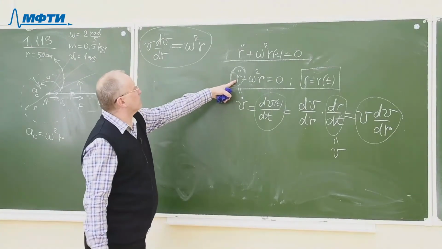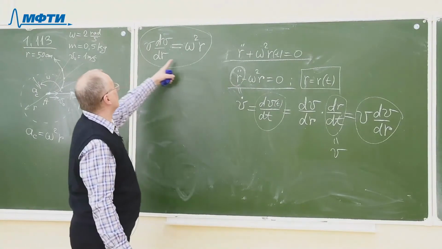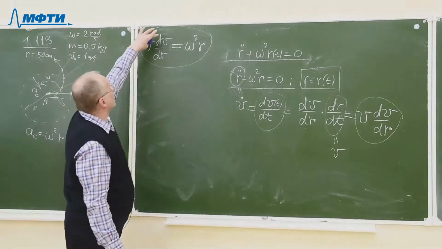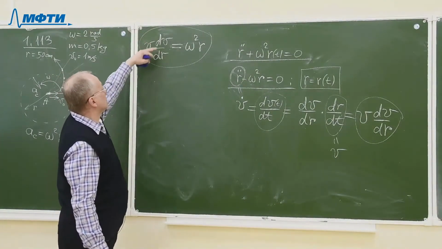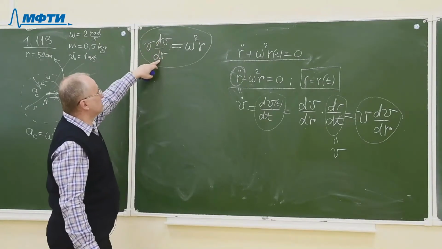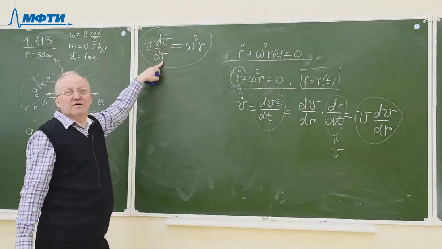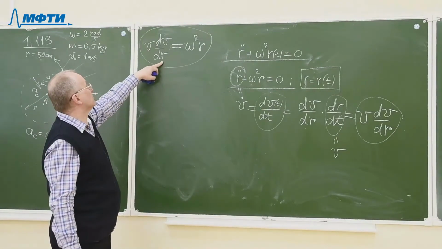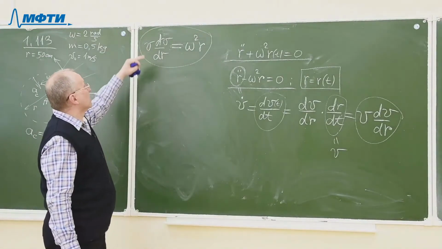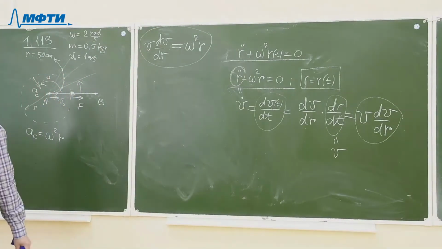And now we transformed this term to be presented in another form as the first derivative with respect to distance r. This is not a derivative with respect to time. This is a derivative dv/dr, and the velocity v is here.